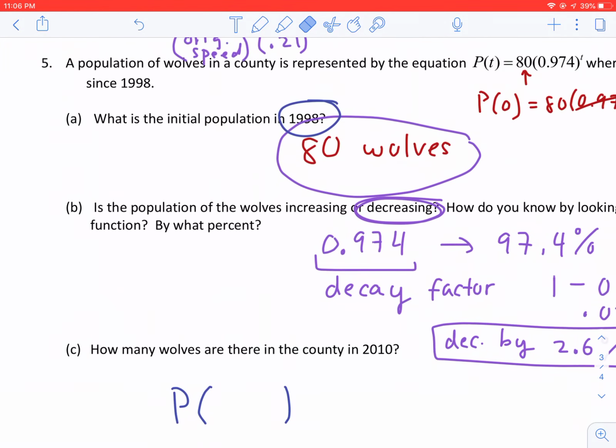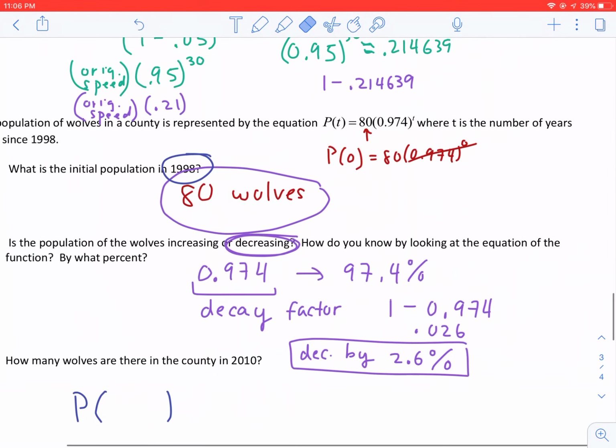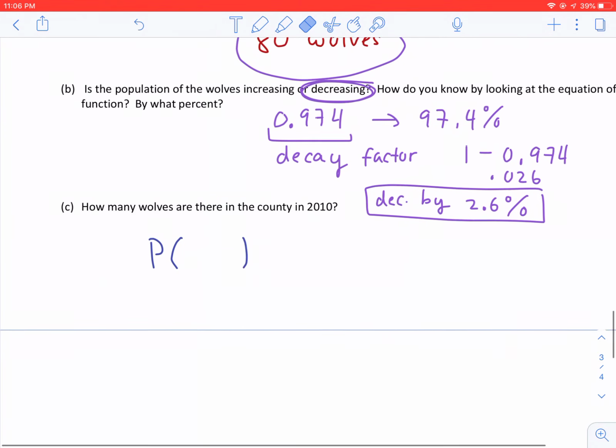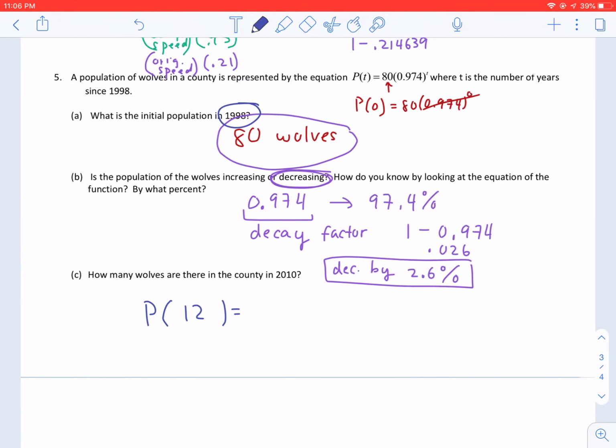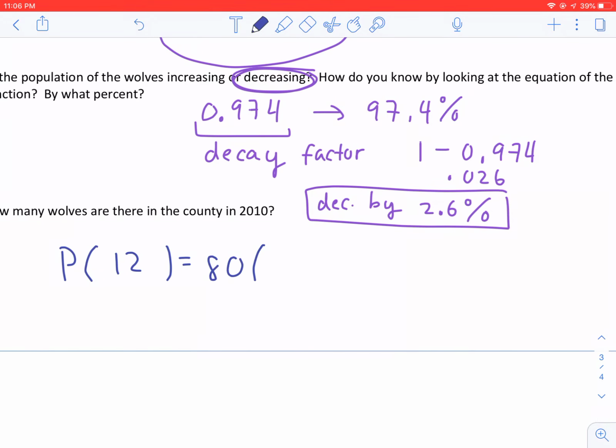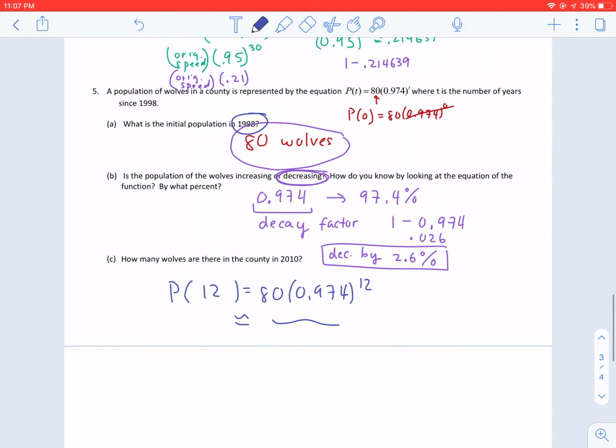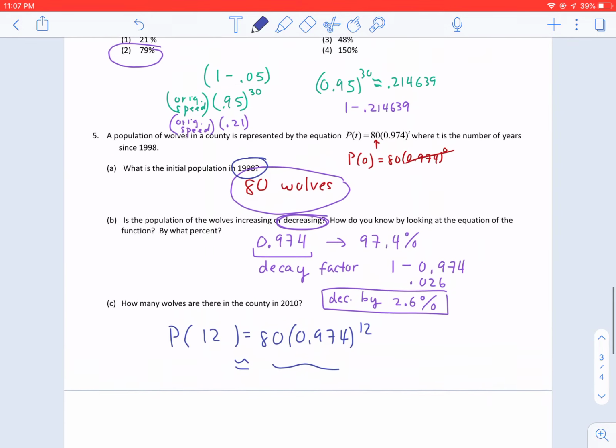T was years since 1998. So 2010 is 12 years after. Just plugging that into the equation, 80 times 0.974 to the 12th power will be, approximately whatever. I'll let you do the calculation. Round to the nearest wolf.